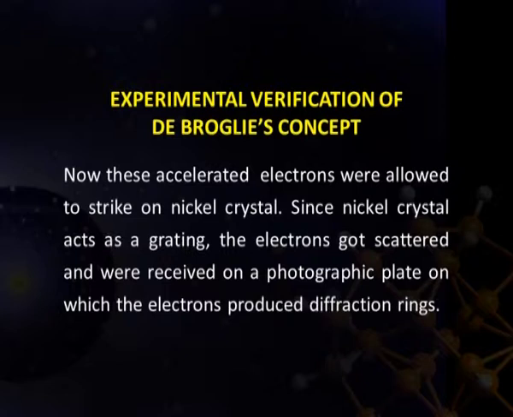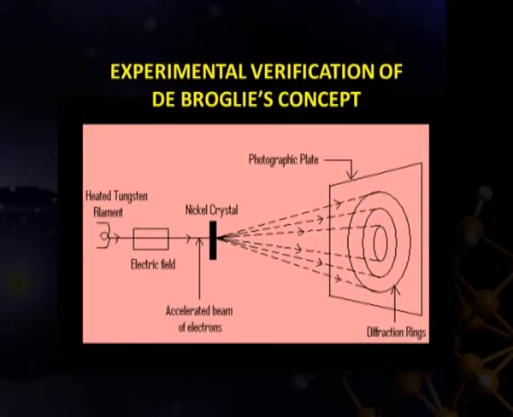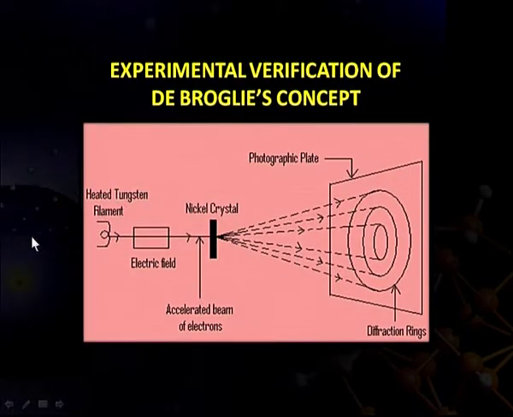Since the nickel crystal acts as a grating, the electrons got scattered and were received on a photographic plate on which the electrons produced a diffraction ring. This is the pictorial presentation of how they did their experiment: heated tungsten filament, then electric field applied, nickel crystal as grating, accelerated beam of electrons, then the photographic plate.